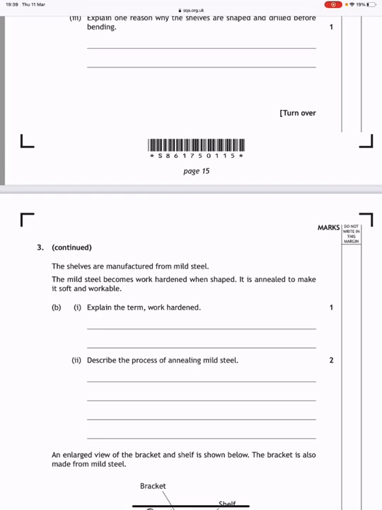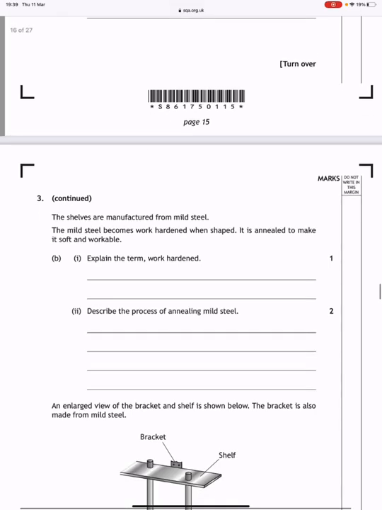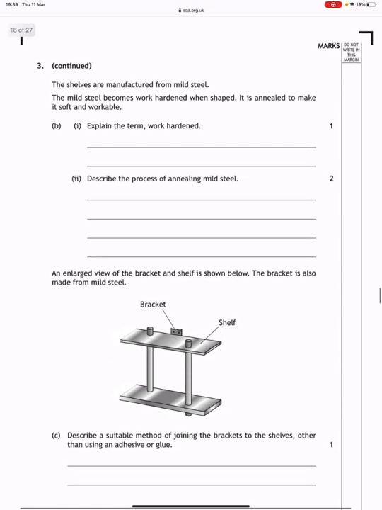So if you try to bend it, it might break. So you need to anneal it. So the next question asks you, what is the process of annealing? If you heat the metal up till it's red hot and then allow it to cool slowly, then that's what you do when you anneal mild steel, and you can then continue to use it.